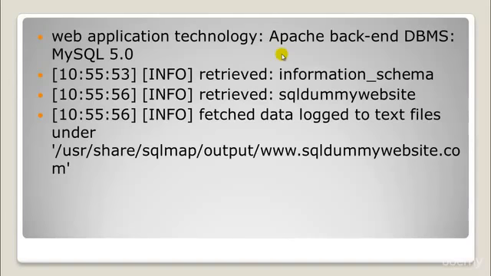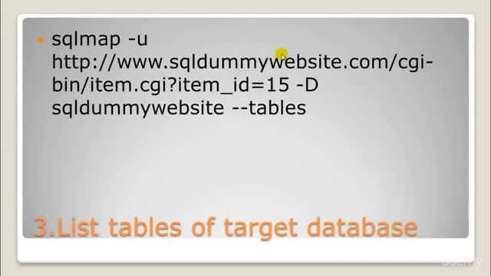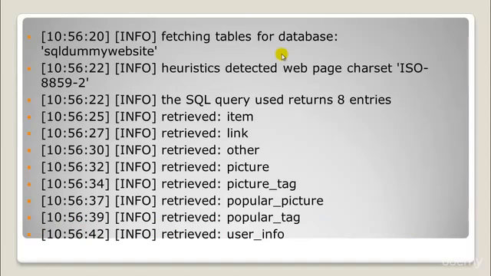So let's go ahead and list the tables of the target database using SQL map SQL injection. Now we need to know how many tables the SQL dummy website database has and what their names are. To find that information, we'll be using another command: sqlmap -u http://dummywebsite.com/cgi-bin/item.cgi?15, but after that I will be typing -D SQL dummy website --tables. This will get us these 8 different tables.